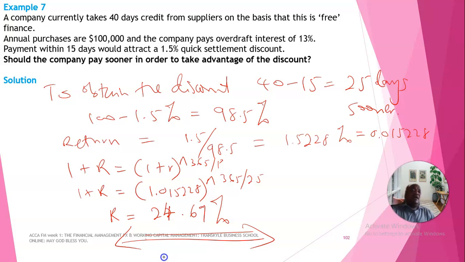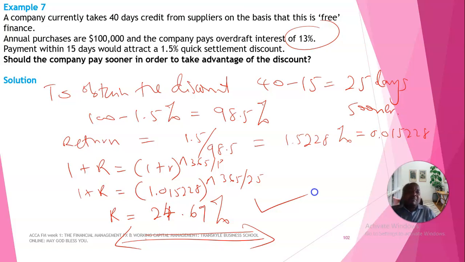Now the r, the cost of foregoing the discount, is 24.69%, and the overdraft rate is 13%. So what shall we say about these figures? If we do not take the discount today but pay later, the cost of that action is going to be 24.69%.